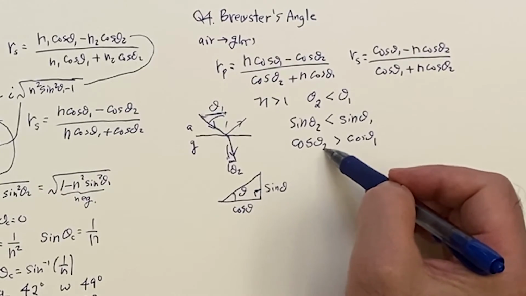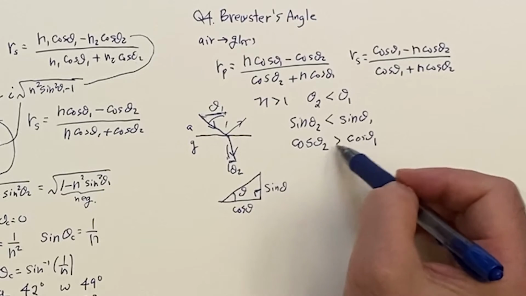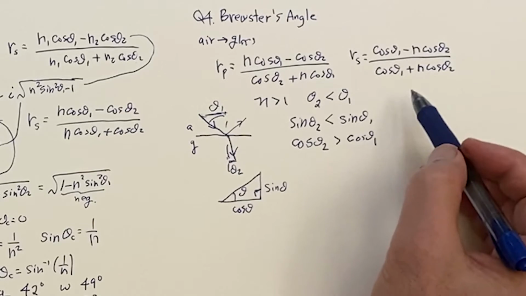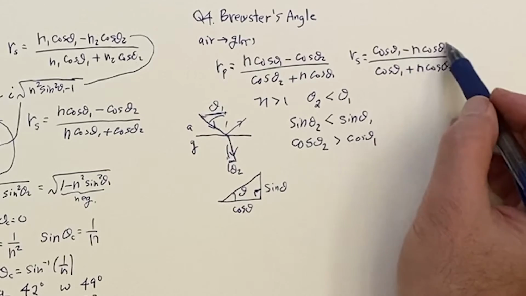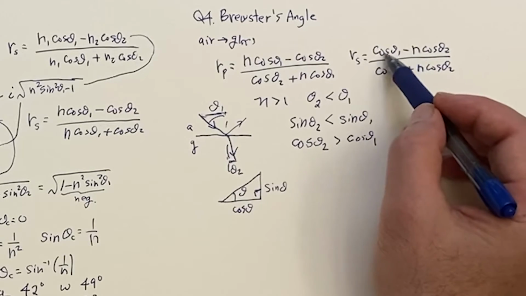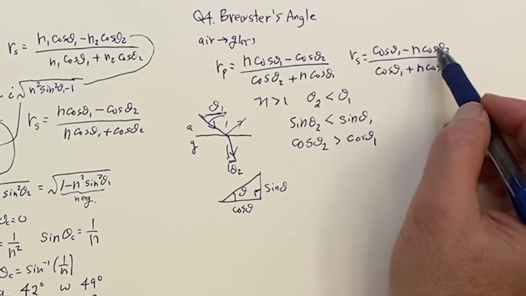If the cosine of theta 2 is greater than the cosine of theta 1, and N is greater than 1, this will always dominate, and you can never have these being equal.